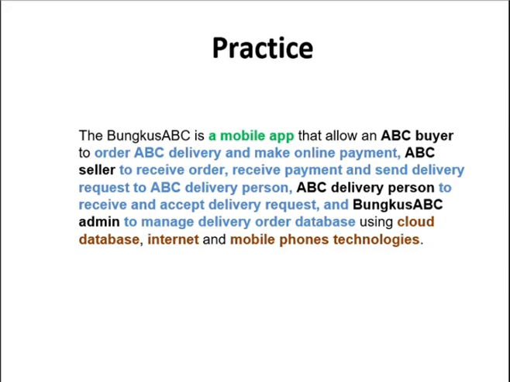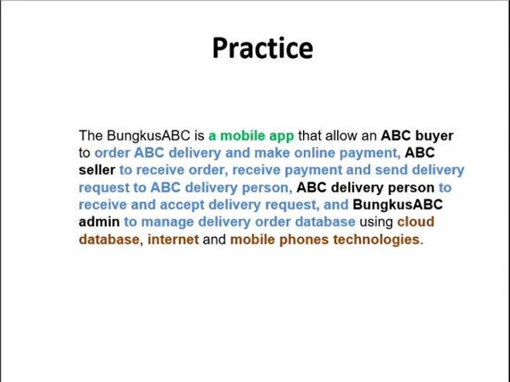So has the buyer achieved their objective of using that function? Because the objective is to order ABC delivery, to order ABC. So at the end of the steps, there is something displayed on the screen, which is the system displays order has been sent, full stop.